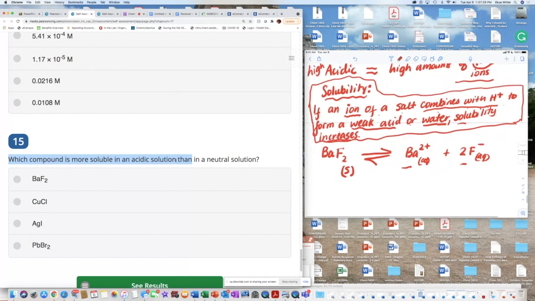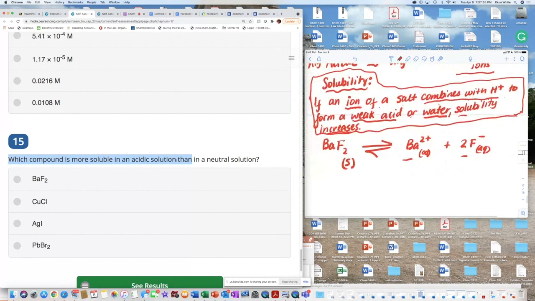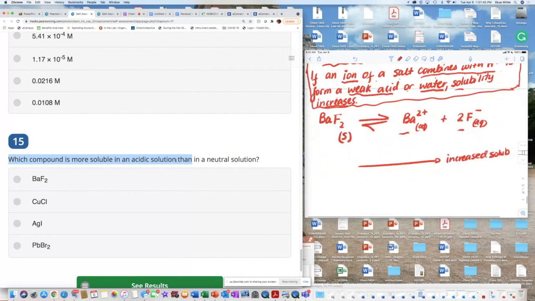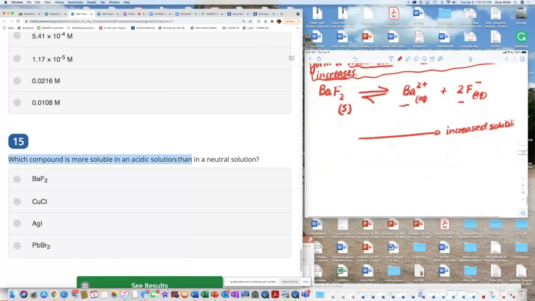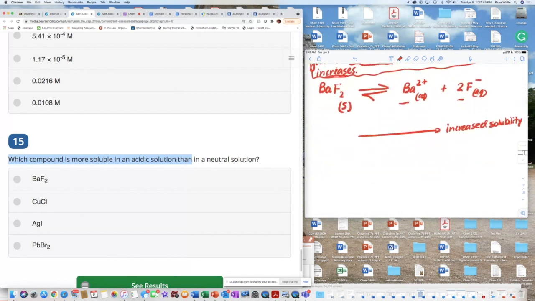This ties back to Le Chatelier's principle, where if we're moving to the right like this, we have increased solubility. And if we're moving left, we have decreased solubility.